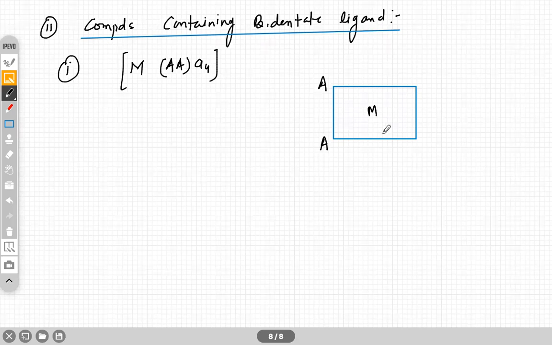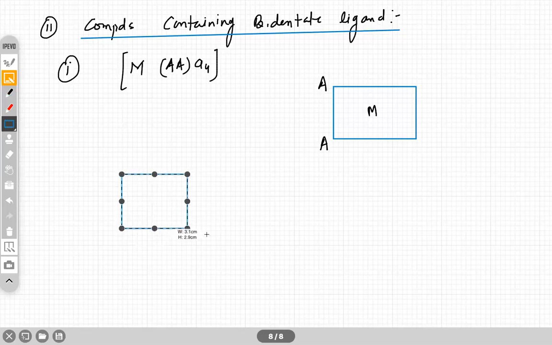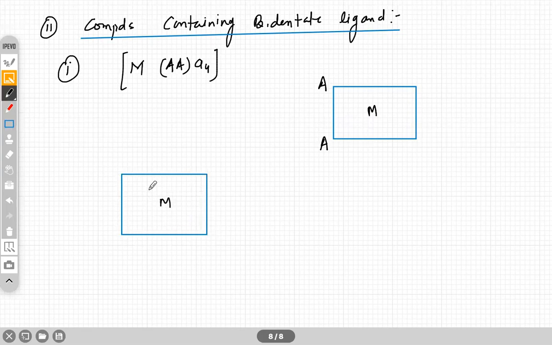For example, you see ethylene diamine. We have nitrogen as a donor atom, and this nitrogen is connected with CH2, CH2, another nitrogen atom like this, and it donates electrons and forms a complex like this.